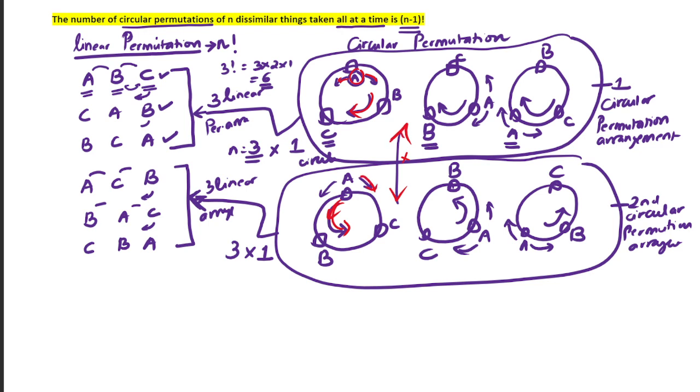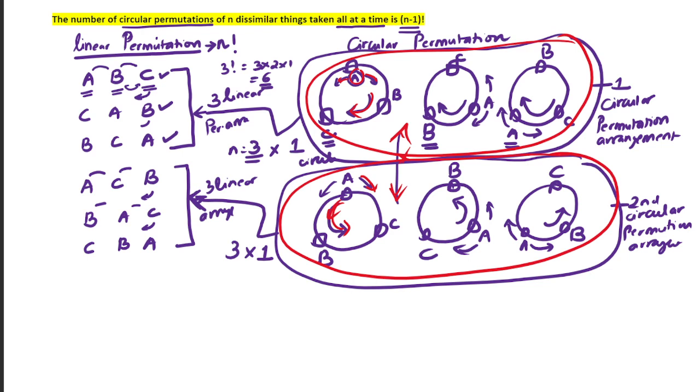So these 2 are not the same, but the first set is essentially the same arrangement because it's in circular fashion, and these 3 are actually only one single arrangement. That's why we call this our second circular permutation arrangement, because the first one is already here.